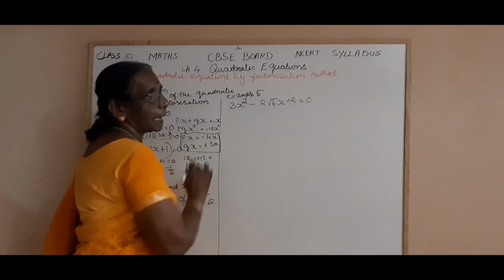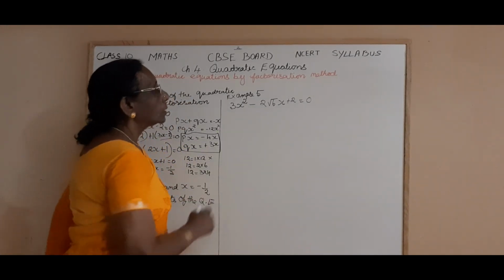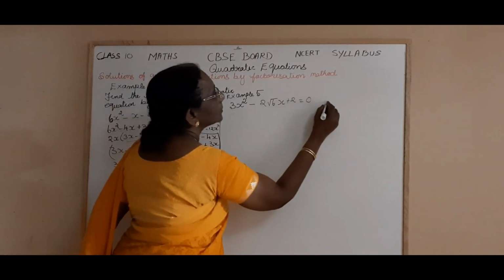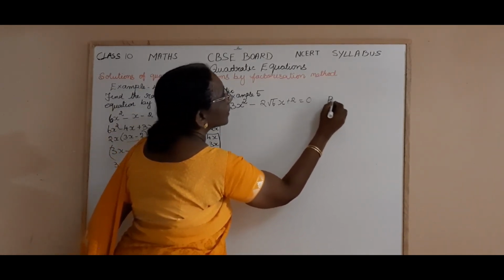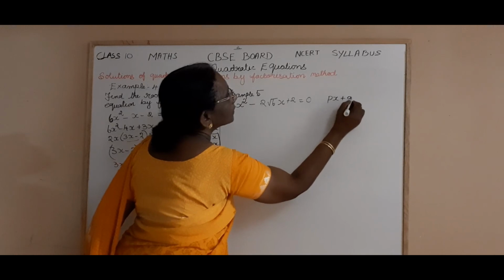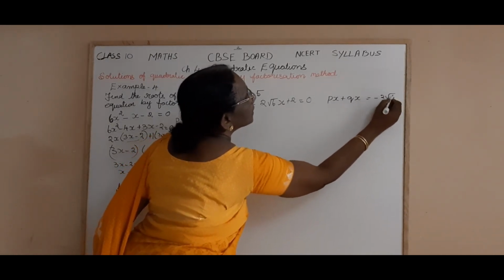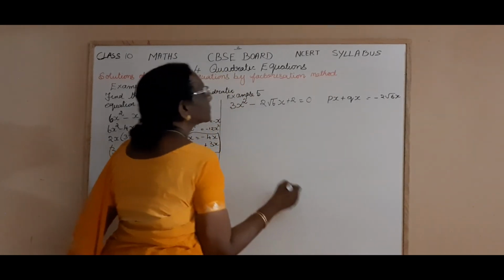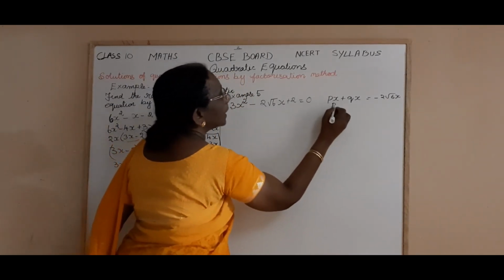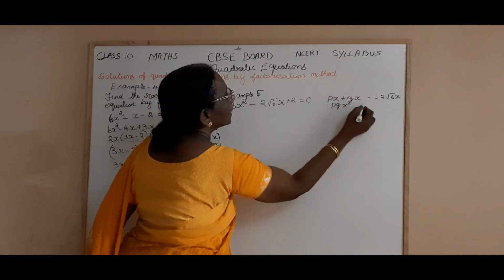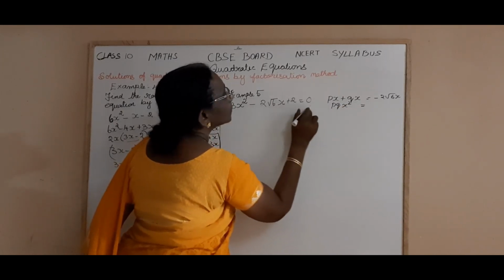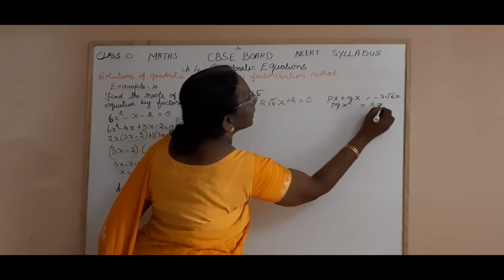So you have to split the middle term. So you have to write px plus qx is equal to minus 2 root 6x and pqx square is equal to 3 2s are 6x square.